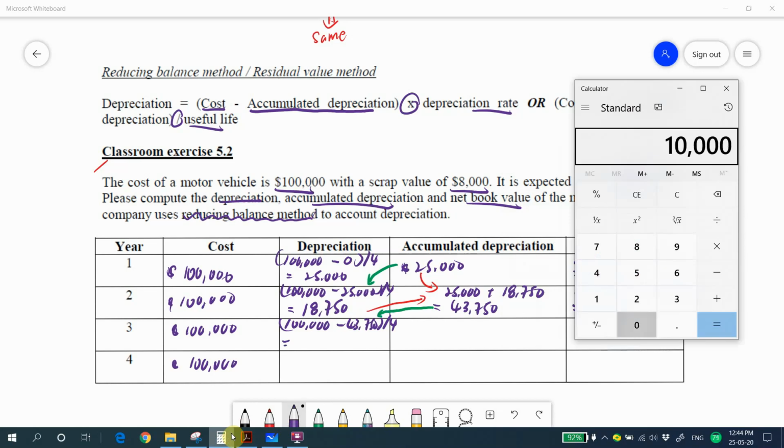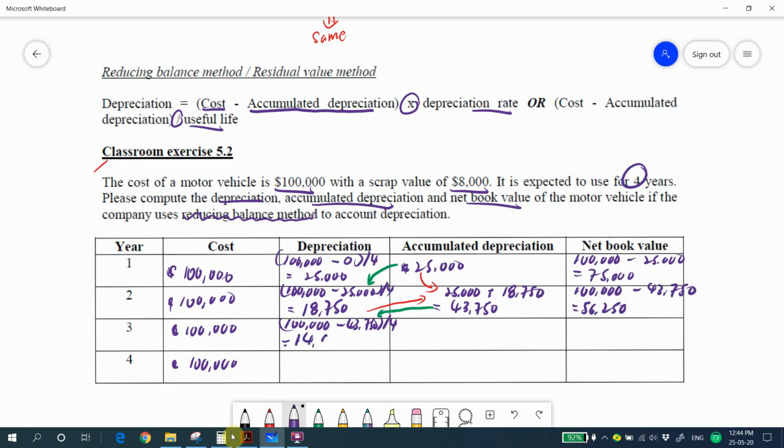So we use 100,000 minus 43,750 to get 56,250, and then divided by 4. We round off the figure, 14,063. When doing accounting, you can round off the amount. No need to show up to the decimal point.